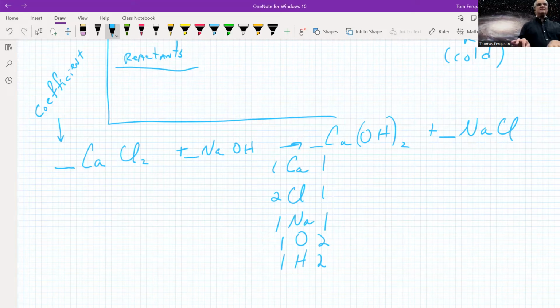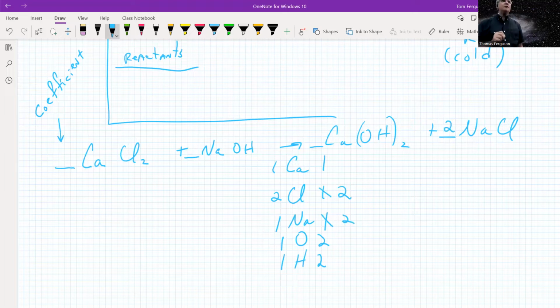Does everyone see, by the way, this is not balanced? Okay, all right. We've got 4 numbers we can change. Okay. As soon as you put a number down, new inventory. So that affected the number of sodiums here and the number of chlorides.